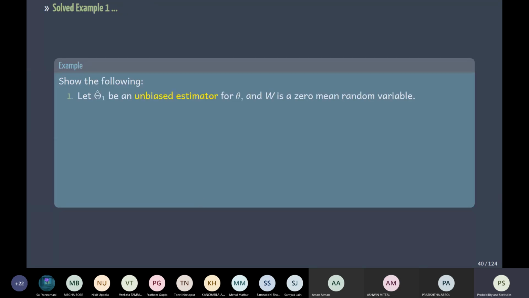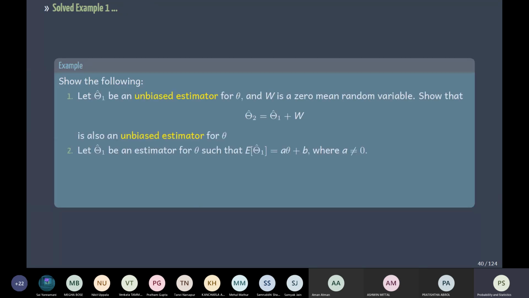And then there is an example here that I can do in the next class, I guess. This is an example you can actually try. It's very easy because the definition is given to you. So, unbiased estimator of theta, and W is a zero mean random variable.